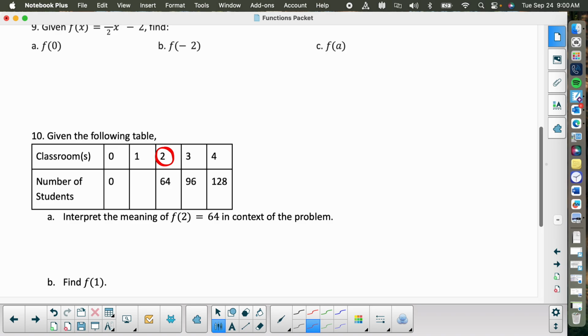So that means when x is 2. And so for this problem, that would mean 2 classrooms. It equals 64. What does the 64 stand for? Okay, so then what we would write is 2 classrooms has 64 students.